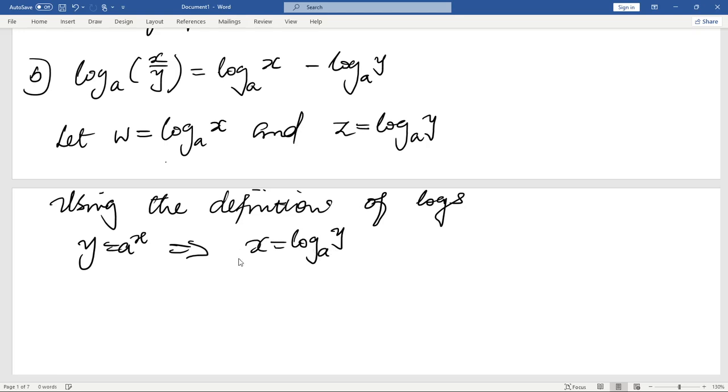We use this relationship on the two assumptions we've made, so we say a to the power w is equal to x, which we call equation 1, then a to the power z is equal to y. These functions inside the log are being divided by each other.